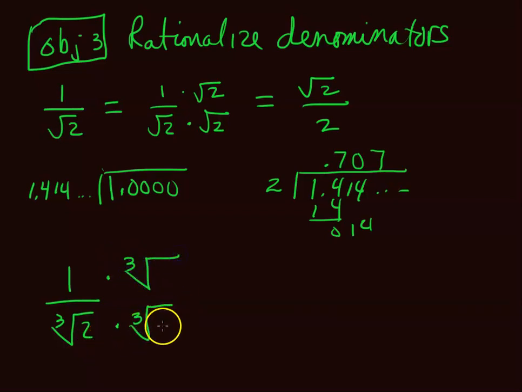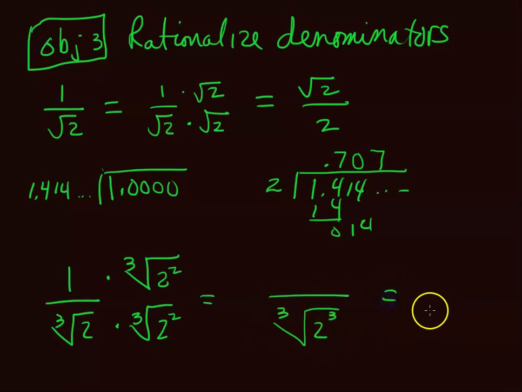But I can't just have 2, because that would just be 2 squared, and the cube root of 2 squared isn't anything special either. I need 2 squared here so that I can get the cube root of 2 cubed. That's when I get just the 2 in the denominator.